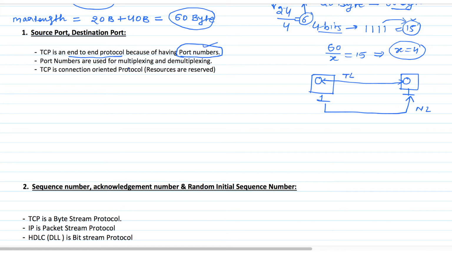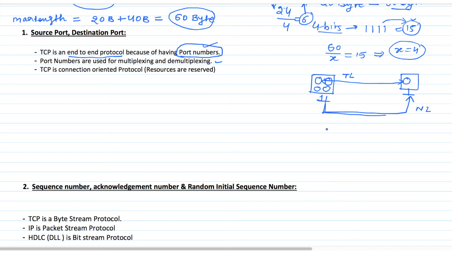Port numbers are used for multiplexing and demultiplexing. You may wonder why we use port numbers. Within a system there are many processes running at the same time, and in a network these processes communicate through a single shared channel.